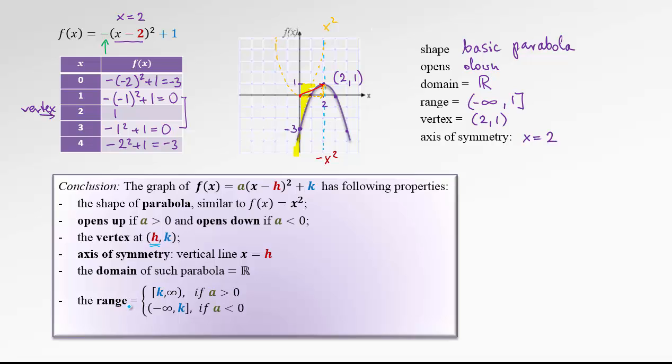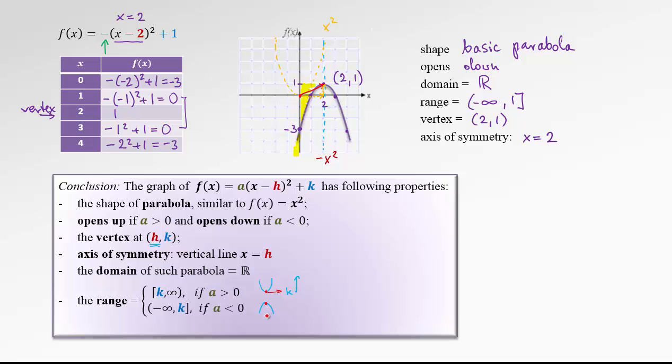Well, the range of a parabola will be read differently depending on whether a is positive. That means if our parabola has arms up, in this case the range starts from the y-coordinate of the vertex, which is k, and then goes towards infinity. So our range is from k to infinity. However, if the leading coefficient a is negative, the parabola takes the upside down shape.